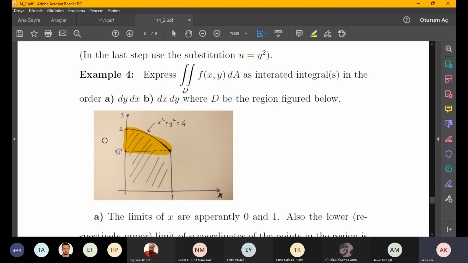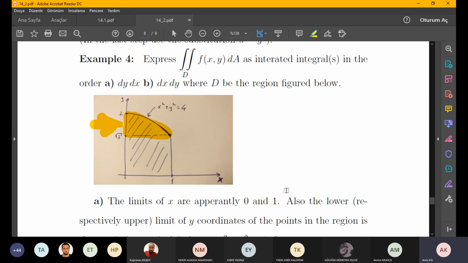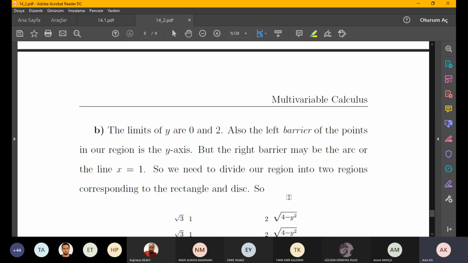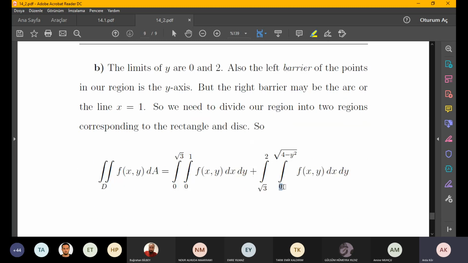And for the limit of integration with respect to x, the first line is the y-axis, which is x equals 0. So the lower limit here has to be 0.